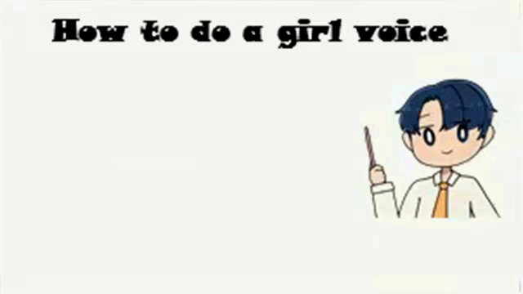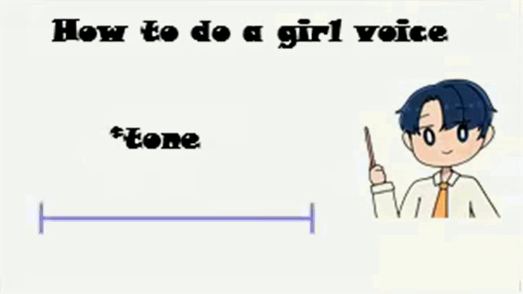The second one is tone, and that's the general characteristics or attitude of your voice. There are 2 categories of female voice tones, on opposite sides. On one side you have the ara voice, and on the other you have the Onii-chan voice.